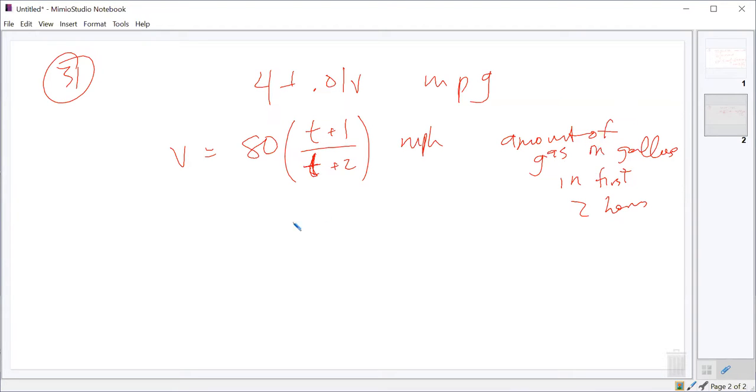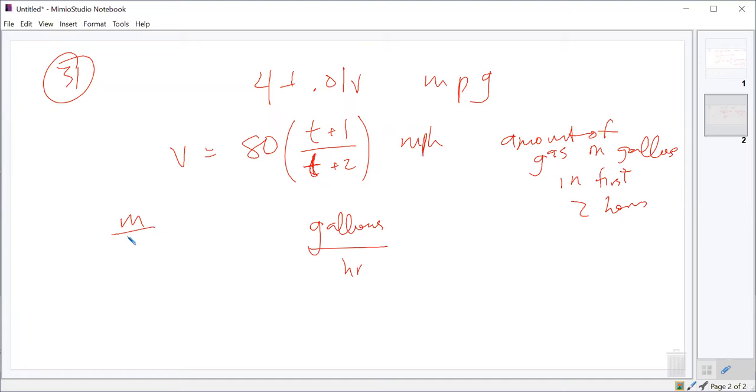Sometimes it's helpful to think about it in terms of the units. We want gallons per hour. So how would we get gallons per hour with miles per gallon and miles per hour? We need the miles to cancel out and have the gallons in the numerator, right?